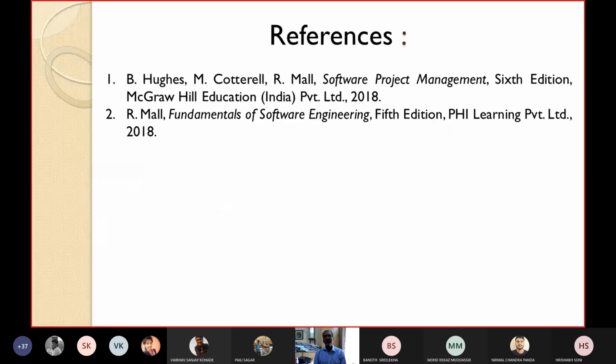We have taken these things from two books. Mainly this is available in the number 1 reference, and some things I have taken from other material.